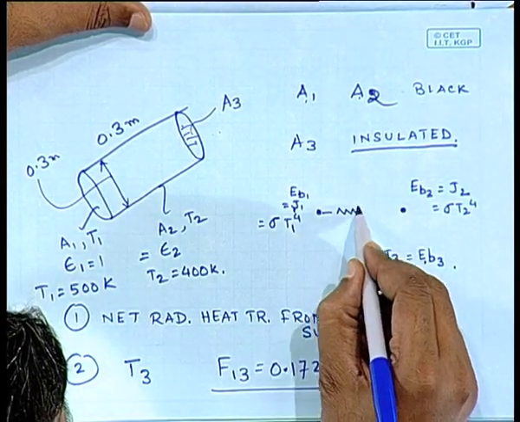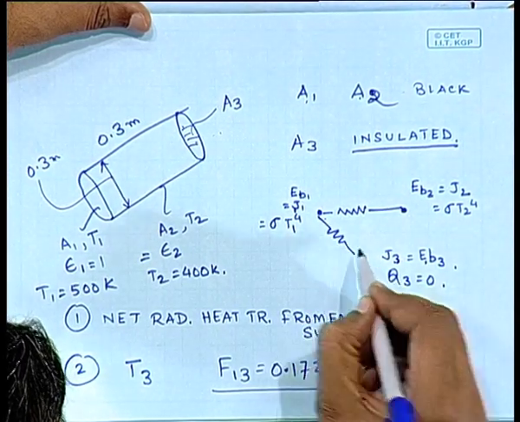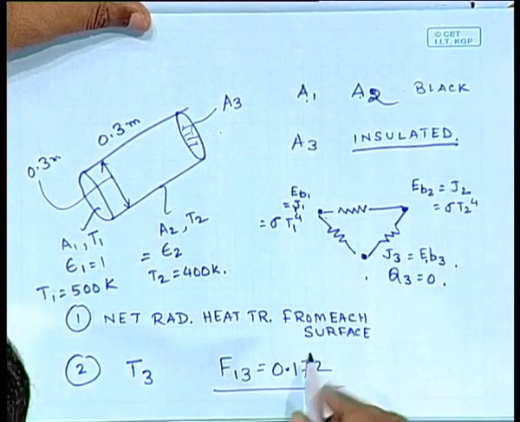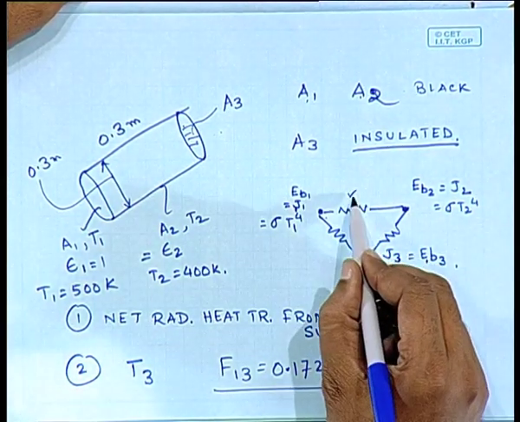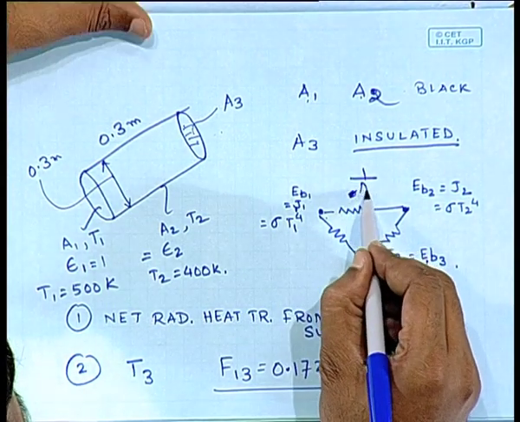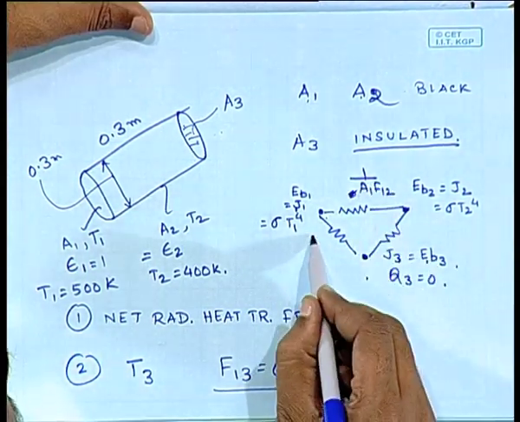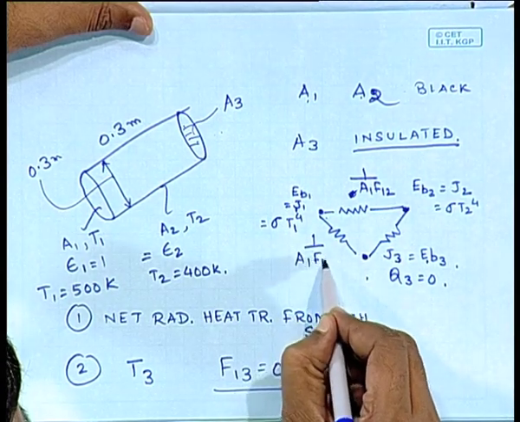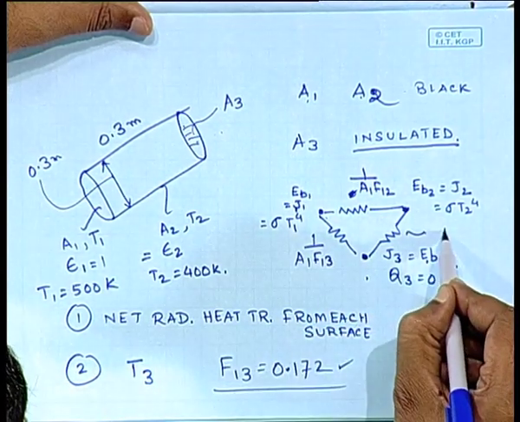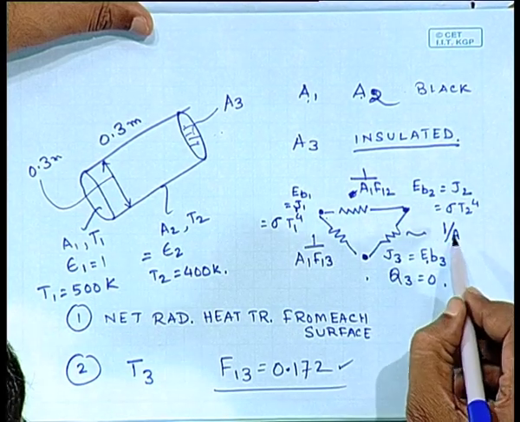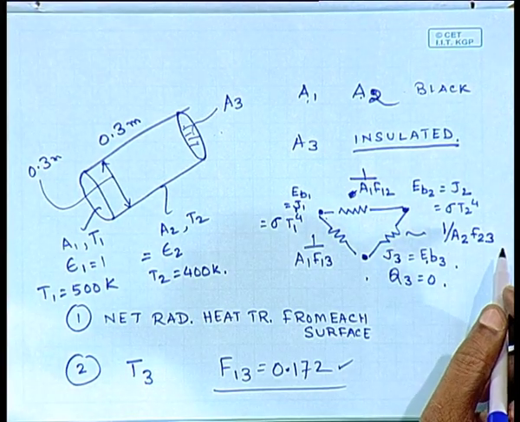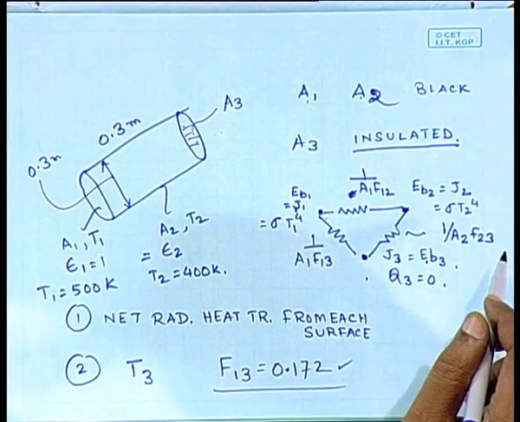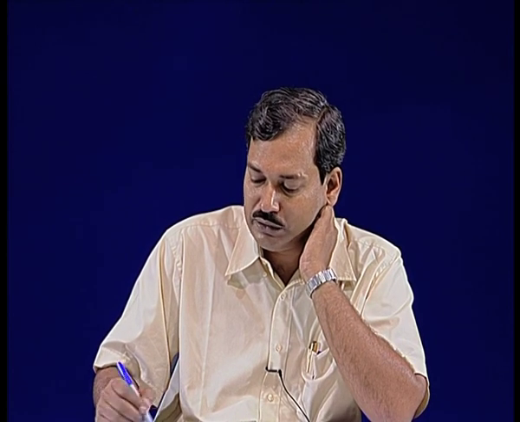Now then it's very simple. You have 3 resistances, and this is known to you, so you should be able to find out all the resistances. The resistance at this point is going to be 1 by A1 F12, this is going to be 1 by A1 F13, and this is going to be 1 by A2 F23. Do you understand this? Between 2 and 3, it's simply going to be this resistance.